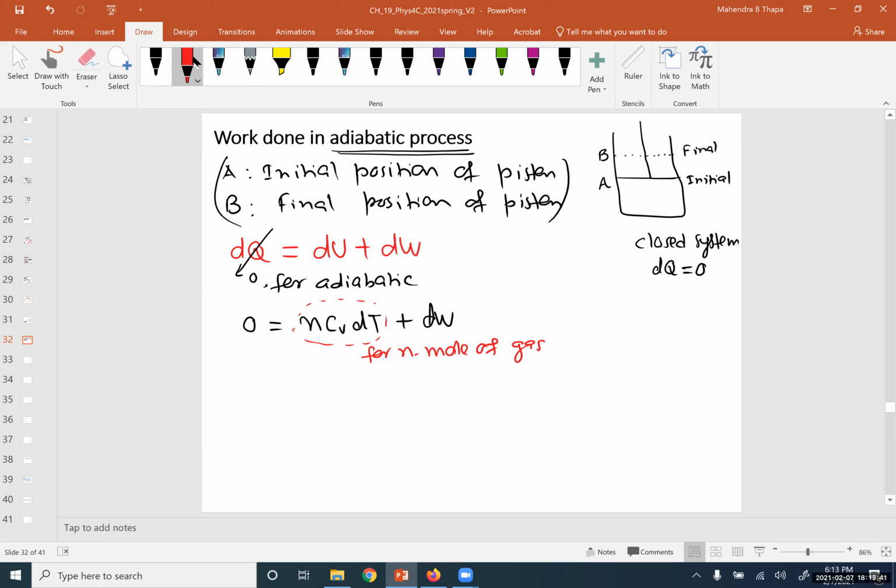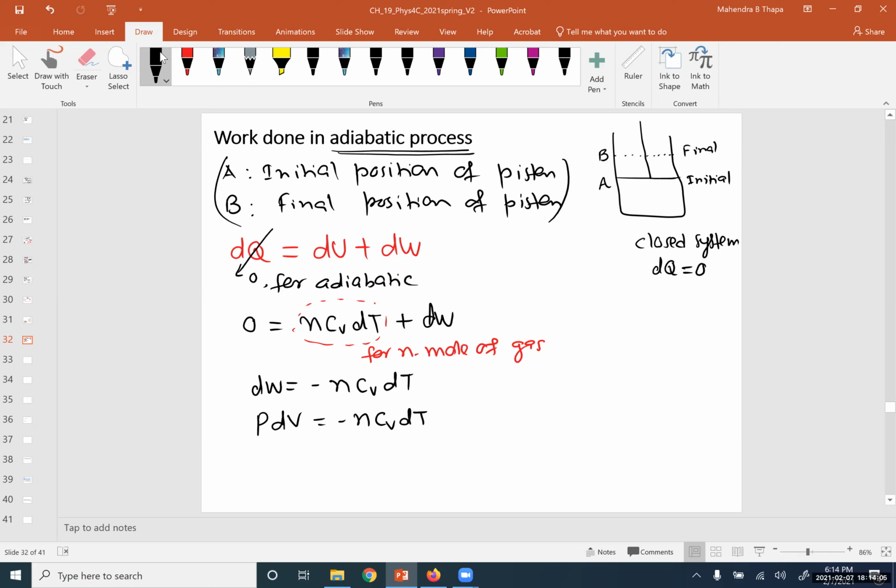Okay, so let's do some math. I can write dW equals minus n Cv dT. You know dW is P dV, so P dV equals minus n Cv dT.